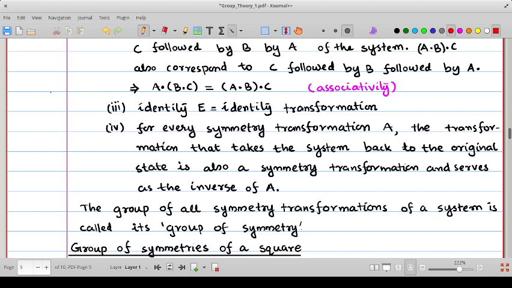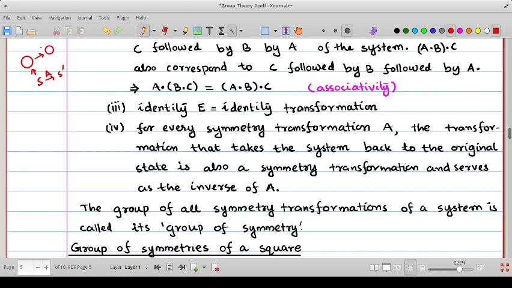Now suppose there exists a symmetry transformation which takes the system from S to S dash, but both S and S dash states are the same. So this may be thought of as our initial form of the circle, and under the transformation, say call it A, it goes to S dash, which is also the circle, and both are the same.